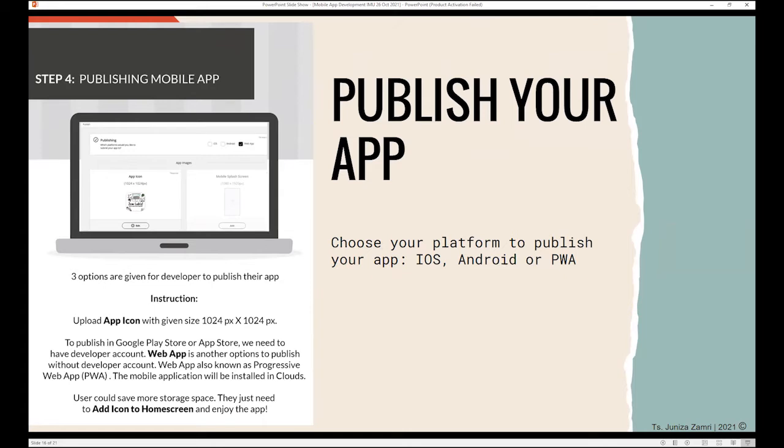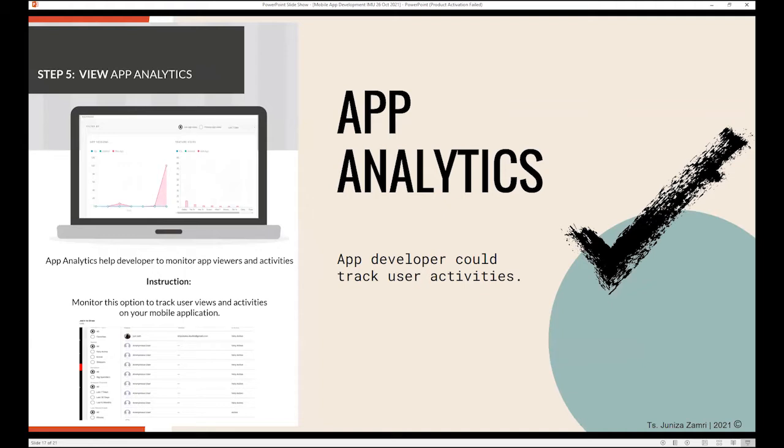So we can take a look after this, right? The last step is, after we finish all the application setup, we can give the URL, or the APK, or even the Google Play Store link to the user or to our students, so that our students can install it on their phone.